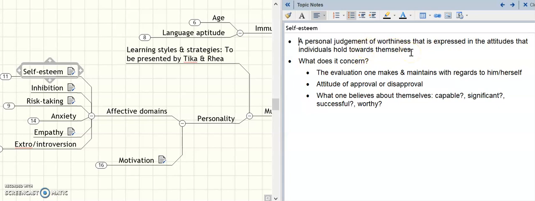Worthiness, am I worthy enough? Are my students worthy in their eyes? So the students judge themselves. That is why some have good self-esteem, some do not.